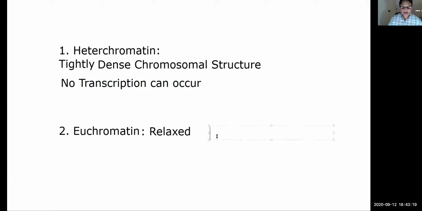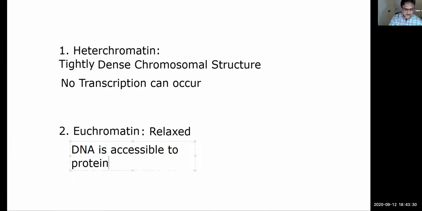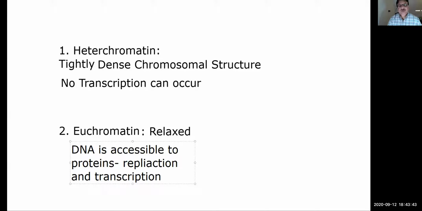Because of the relaxed nature, DNA is accessible to proteins. Which proteins? Proteins that participate in replication and transcription. And what are those proteins, for instance? In replication, it is DNA polymerase, and in transcription, it is RNA polymerase.